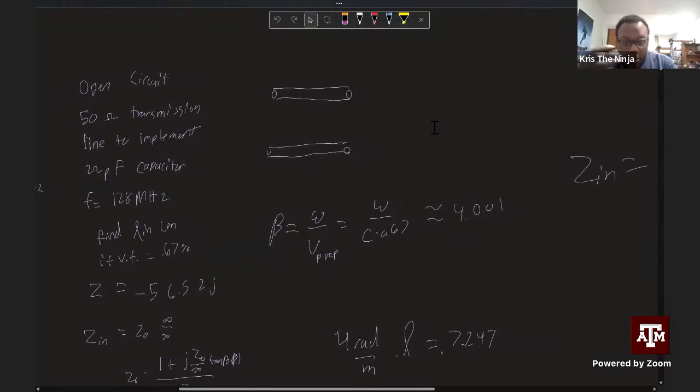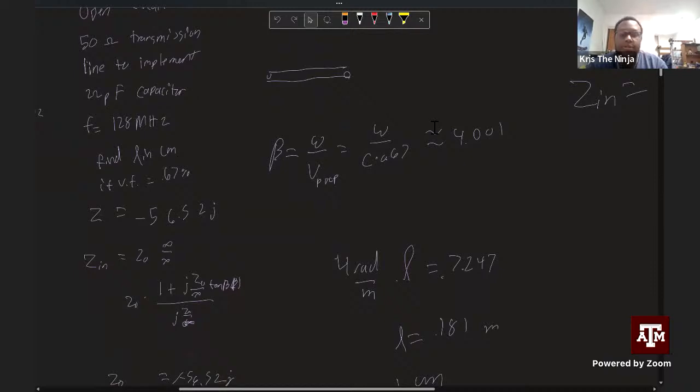Somebody asked during our review how to find the open circuit. If you have an open circuit transmission line to implement a 22 picofarad capacitor with a frequency of 128 megahertz, you want to find lambda, or the length of the line in centimeters, and its velocity factor is 67%.